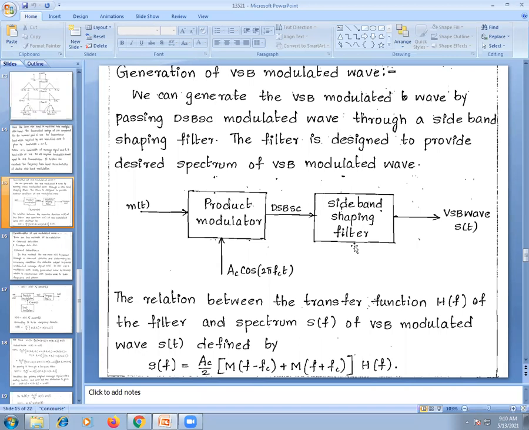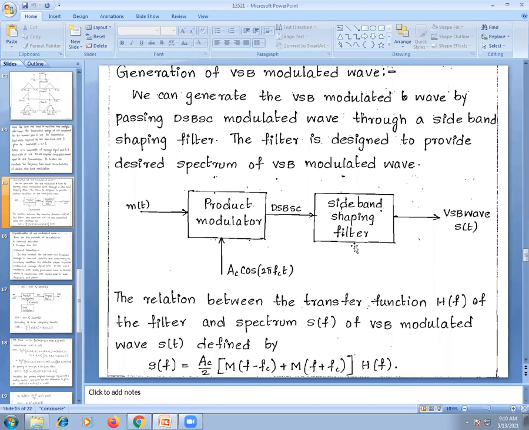Now that filter is designed to filter out certain frequency components and attenuate the remaining frequencies. In such a way you can design a filter. Sideband sharpening filter means the part which is going to be available has to be extracted and the remaining part is eliminated.